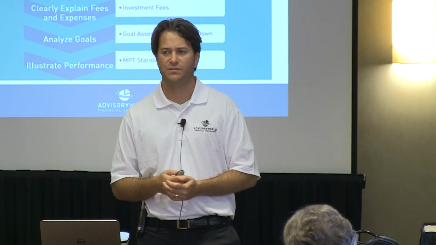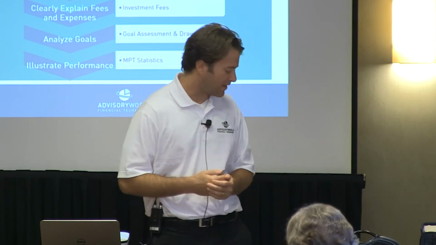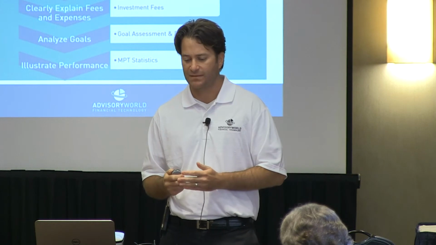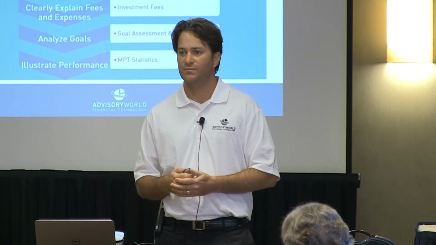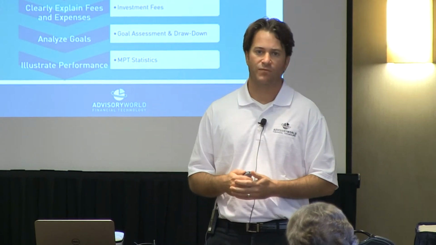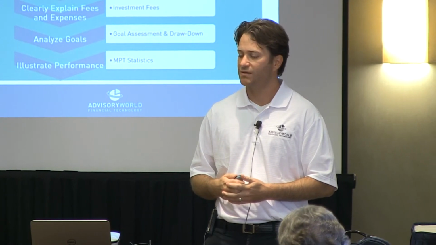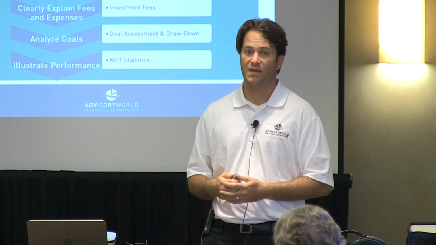Of course, we want to make sure that we have an investment policy statement in place. And that investment policy statement would cover the objectives that are set forth from both a risk perspective on the investment objective, as well as any potential goals that might be outlined in the plan.